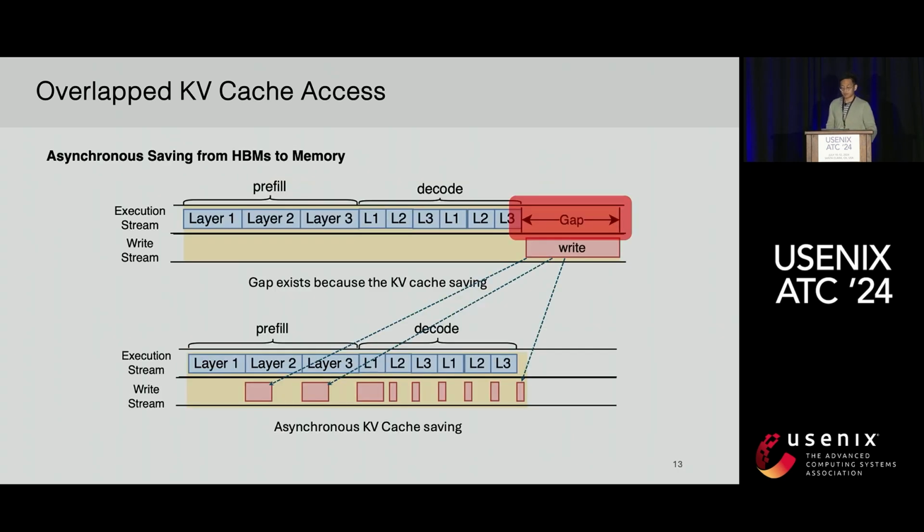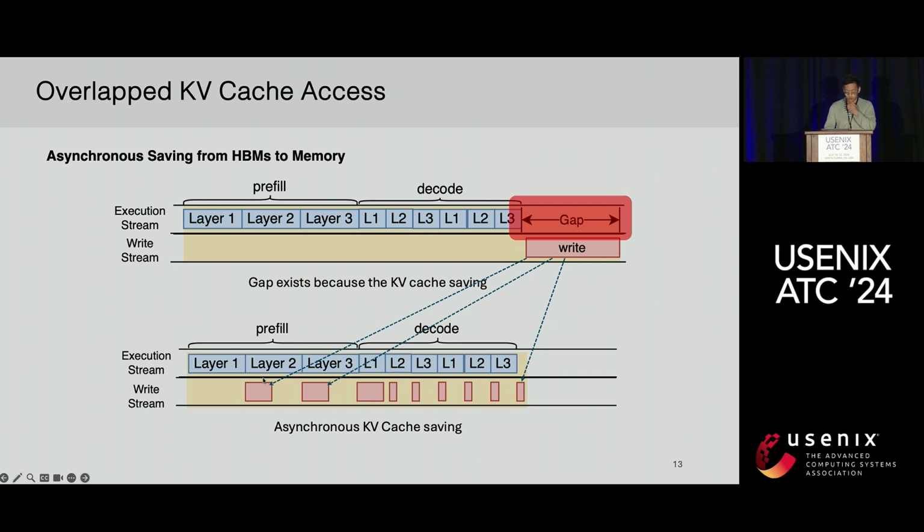And similarly, we have a gap in saving the KV cache. So when saving the KV cache, after serving a request, we need to save the KV cache from the HBM to the KV caching system, and there will be this gap, and we can distribute this write to be overlapped with computation.